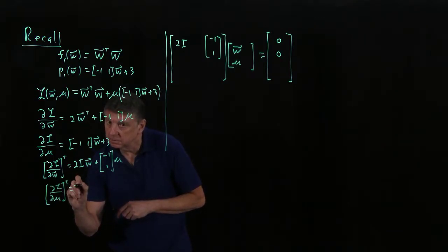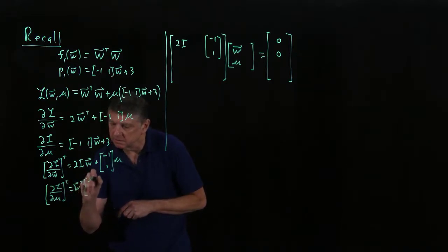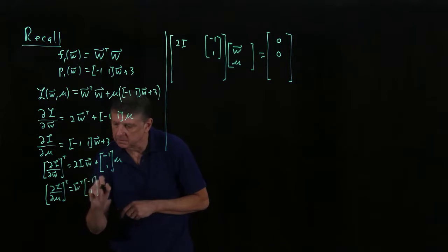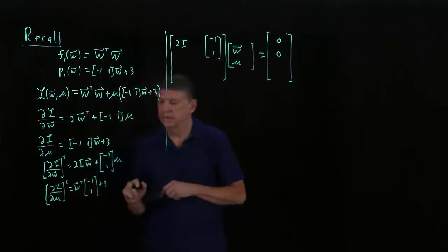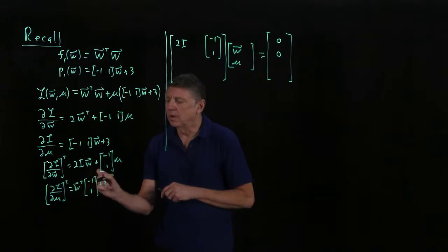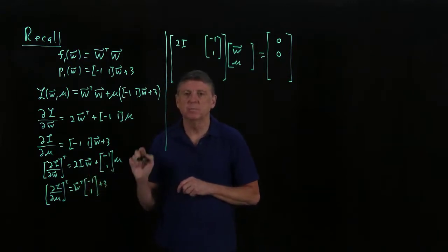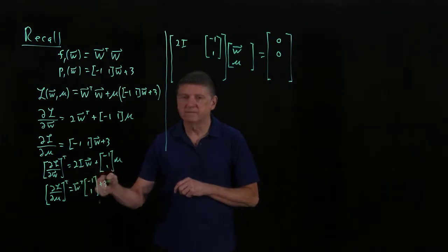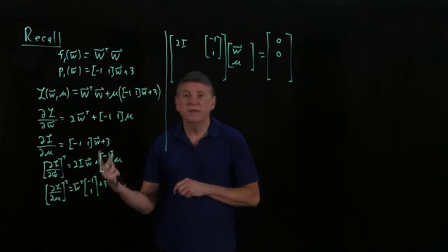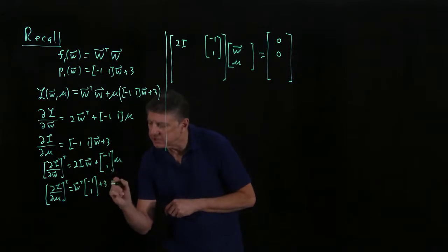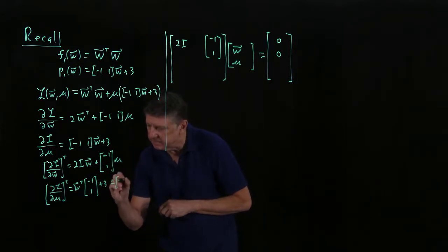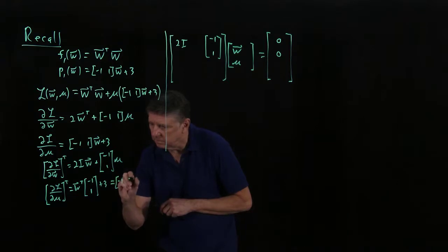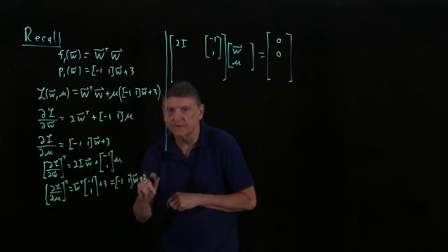W transpose times minus 1, 1, plus 3. This is a scalar, and remember that the product of a 1-form and a vector is a scalar, so we can commute those, so that is the same as minus 1, 1 times W plus 3.